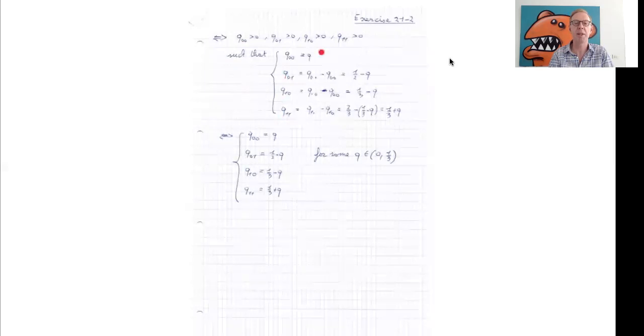So Q has to be strictly positive, 1 over 2 minus Q has to be strictly positive, 1 over 3 minus Q has to be strictly positive, and finally 1 over 3 plus Q has to be strictly positive. So Q is an equivalent martingale measure if and only if Q is an element of the open interval (0, 1/3). Q00 is then equal to Q, Q01 is 1 over 2 minus Q, Q10 is 1 over 3 minus Q, and Q11 is 1 over 3 plus Q.